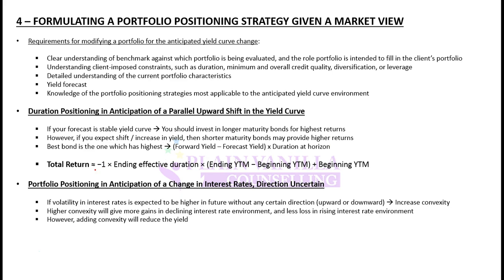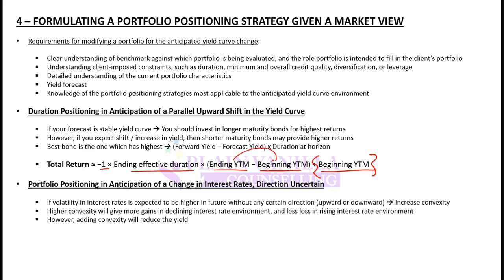So total return is approximately equal to beginning YTM, minus ending effective duration multiplied by (ending YTM minus beginning YTM). So this is something that you will get: the beginning YTM. In addition to that, you will either have a loss or gain from changes in YTM. And what is that change?